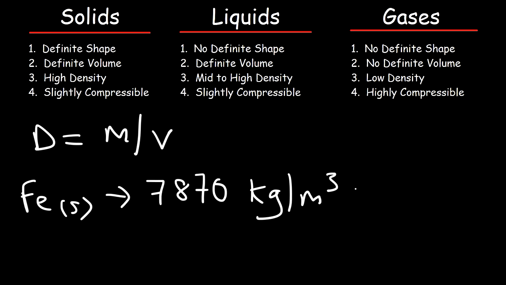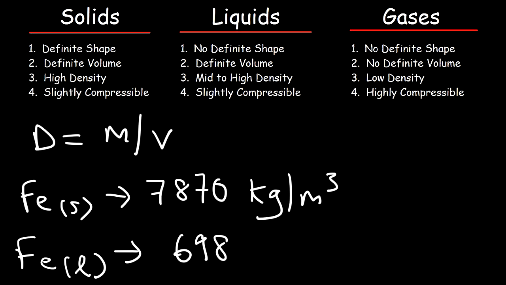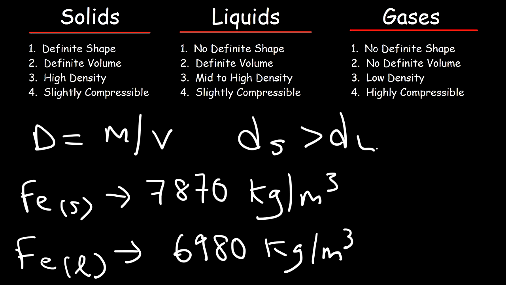Cubic meters is a unit of volume. Now liquids also have a high density as well. Molten iron metal, or liquid iron metal, near its melting point has a density of around 6,980 kilograms per cubic meter. And for most substances, the density of a solid is usually greater than the density of a liquid.